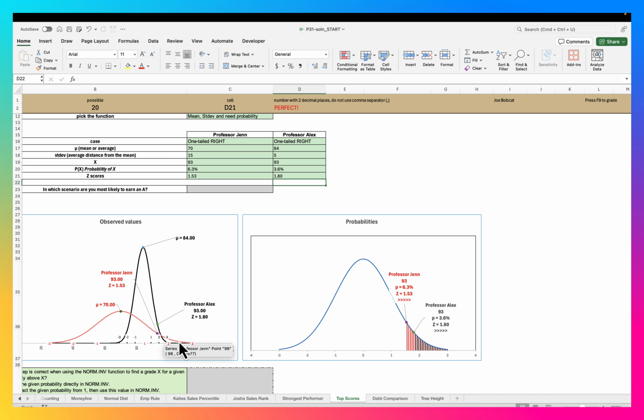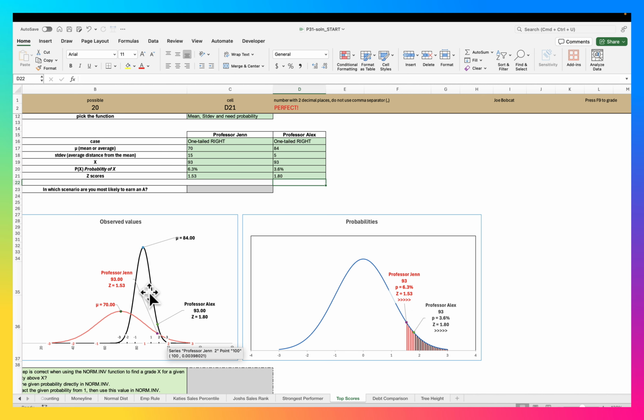It means that she has more area in the right-hand tail than Professor Alex. When we actually look, it's maybe a little harder to see over here, but really obvious over here. Here's Alex's class, and here's Jen's class. So you have a higher probability, 6.3%, of getting an A in Jen's class than you would in Alex's class, which is 3.6%.